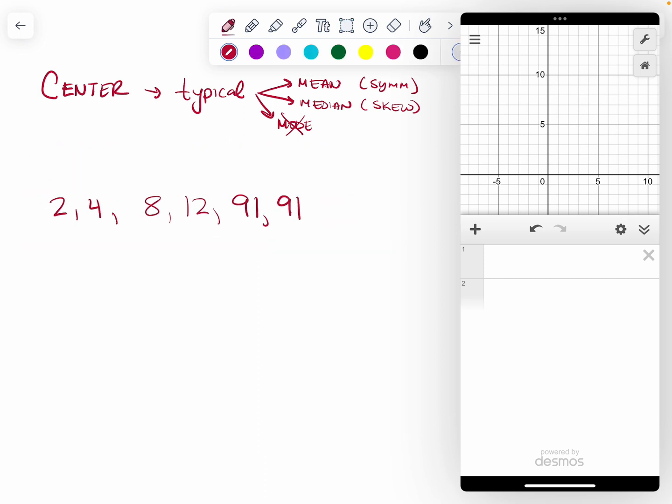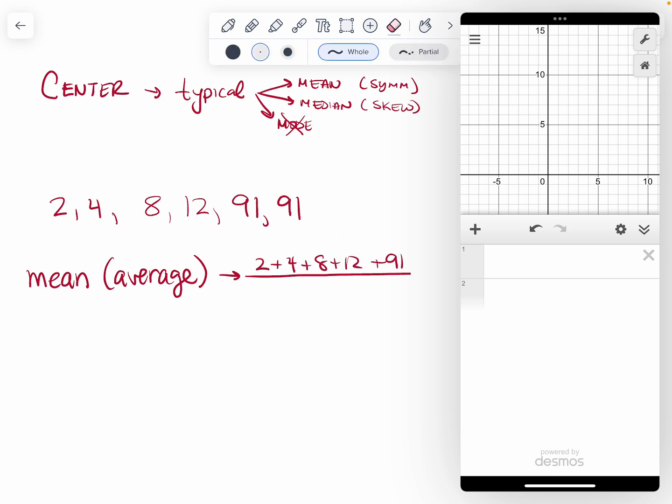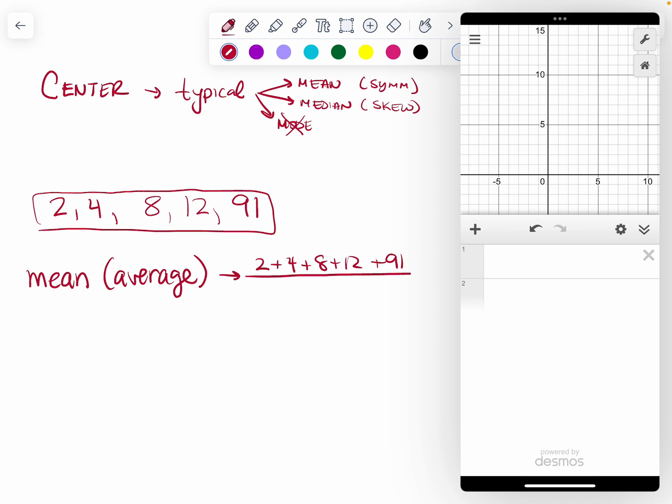The way that we calculate a mean is an average of all the numbers, meaning all we do is take the sum, add all the numbers up. So we're going to take 2 plus 4 plus 8 plus 12 plus 91. And since there are 1, 2, 3, 4, 5 numbers, we're going to divide by 5.